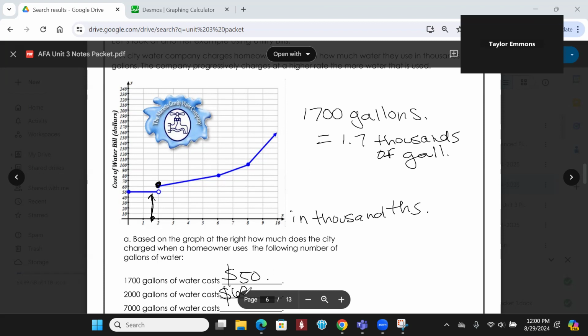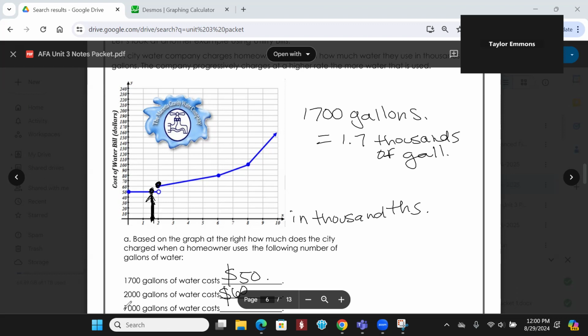The open circle does not count. That's not included. It's up to, but not including 2,000 gallons. Are we okay? Yes. So 1.7 is right here, and we go up to the line, and that's $50.